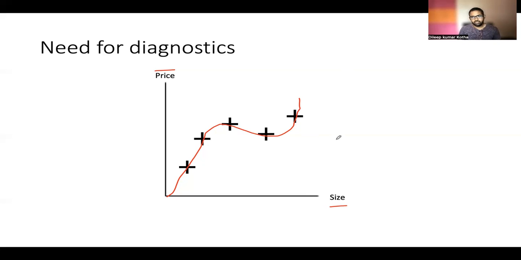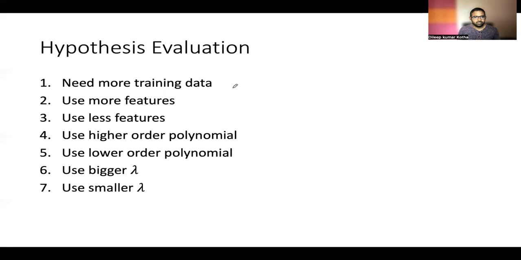So we could think of what could have gone wrong in deriving our hypothesis. One immediate thought which can come to our mind is there is less training data. That's why our hypothesis failed to generalize for newer problems. And what more could be the reasons? We can start using more features.